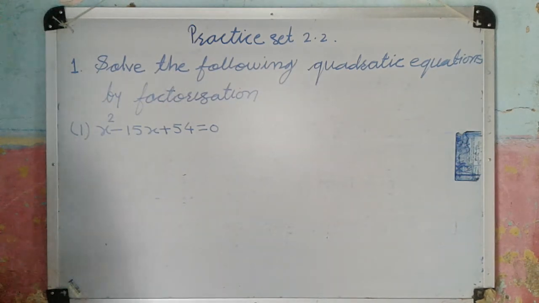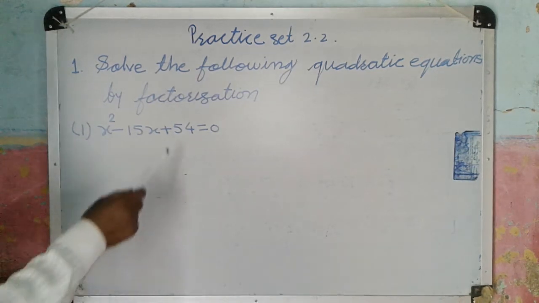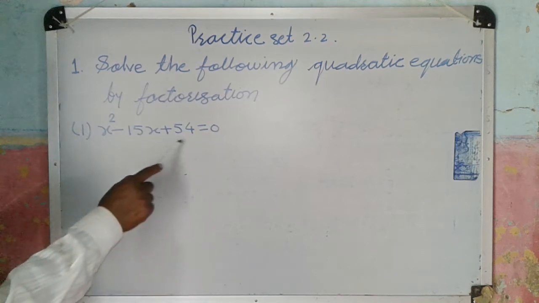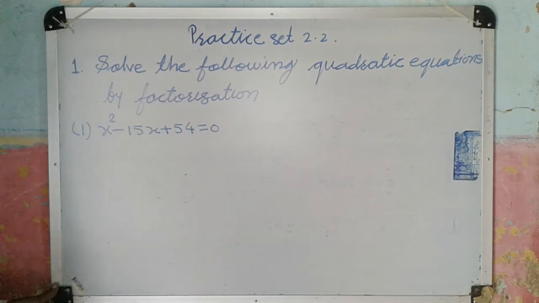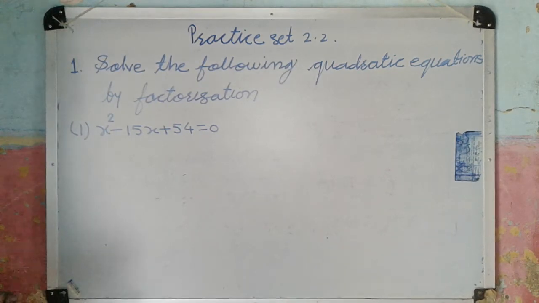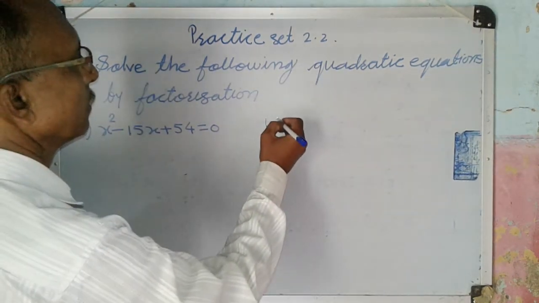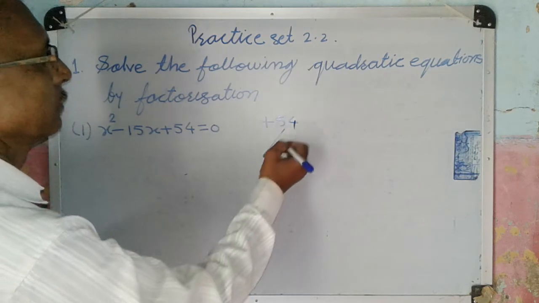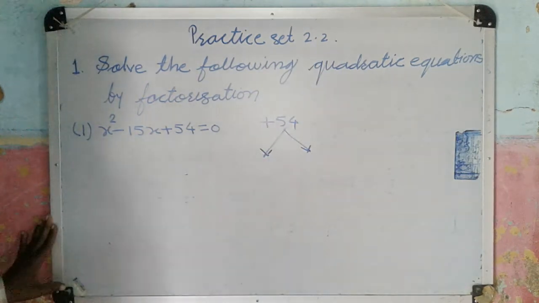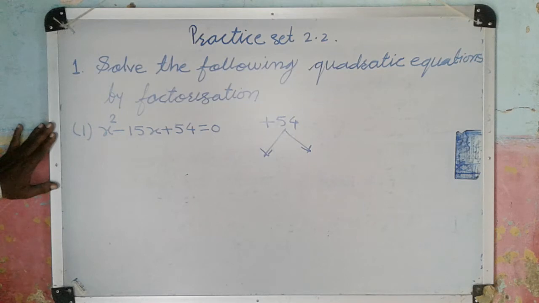So first we will find the factors of plus 54 such that their sum is minus 15. Here we can get so many pairs of factors of 54.